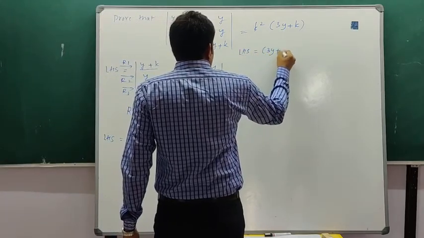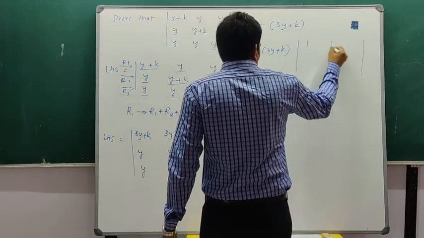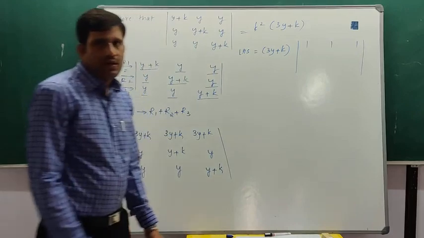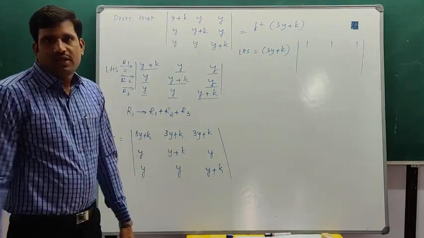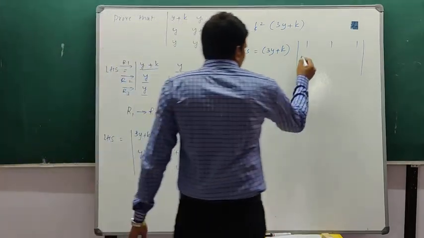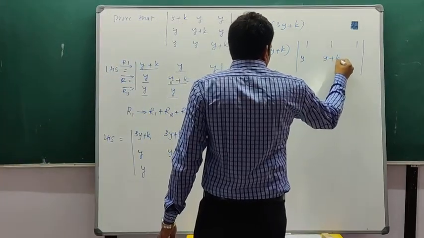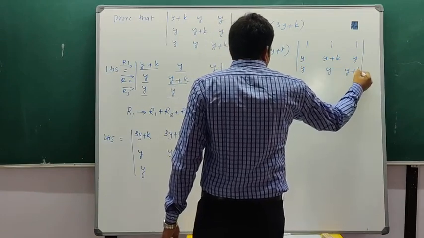When you take 3y plus k common, what is left here? The first row will become 1, 1, 1. What is the second row? It is y, y plus k, y. Then the third row is y, y, y plus k.